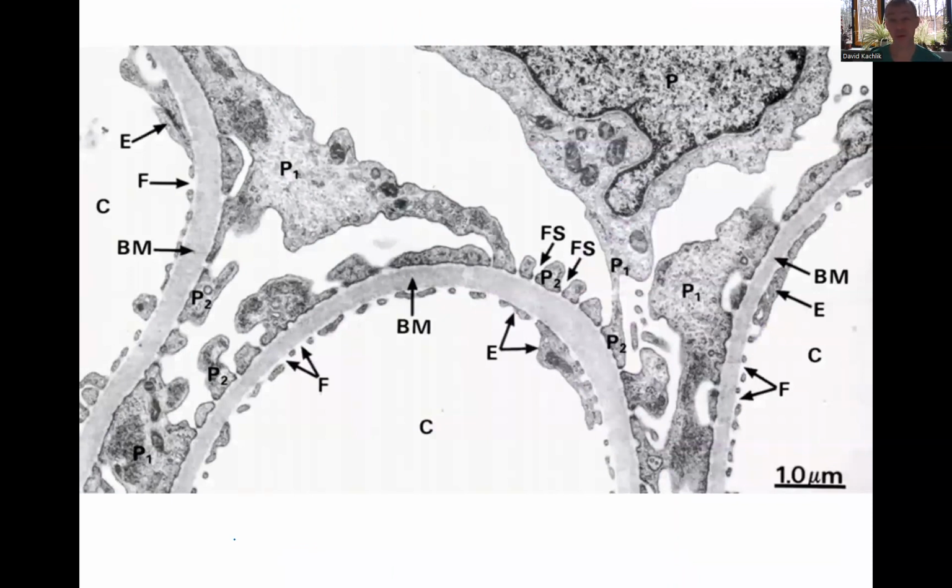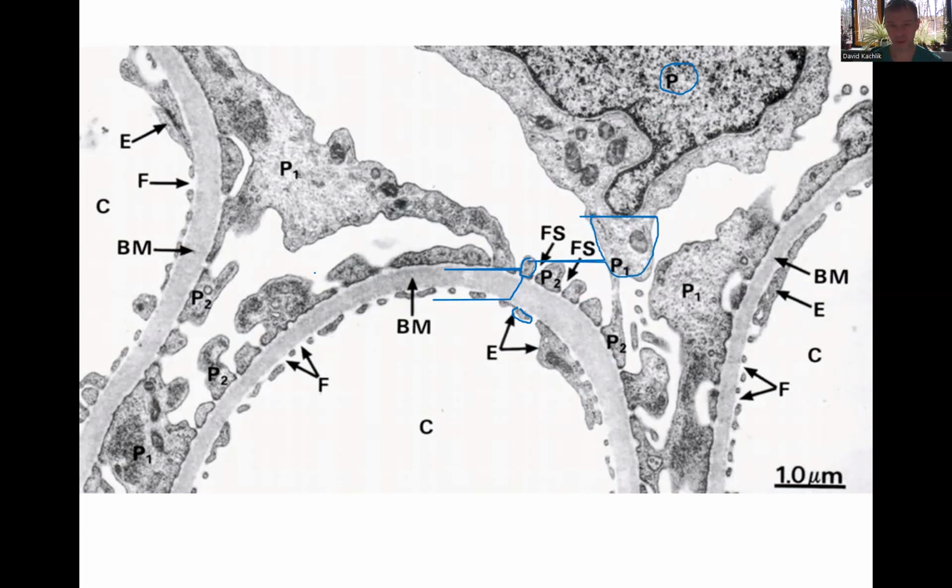A scanning electron microscope shows us nicely the filtration barrier, where you can see the basal membrane, the endothelial cells, and pedicles of the podocyte. The podocyte nucleus is shown here. So this first is the trabecula, and then the small ones are the pedicles.